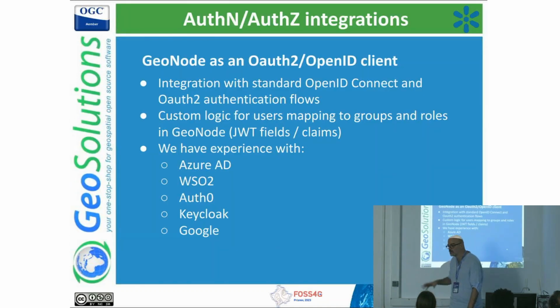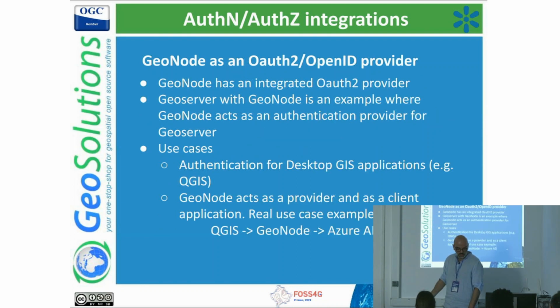Deployments: we have integrations with all the major OpenID or OAuth2 authentication providers. So we have experience with Azure, with Keycloak, with WSO2. So you can integrate GeoNode as an authentication client for authentication providers for single sign-on, but you can also use GeoNode as a provider.